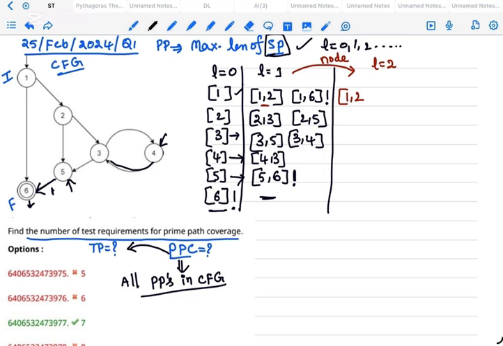Is it possible to extend 1 to 2 with 2 to 3? Yes, it becomes 1, 2, 3, length 2. Next, 1 to 2 and 2 to 5 is also possible, that is 1, 2, 5. So this is completed.